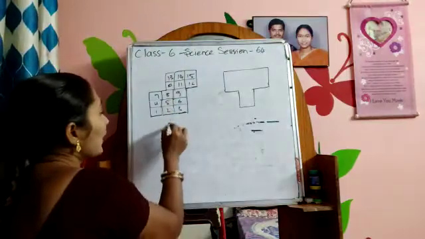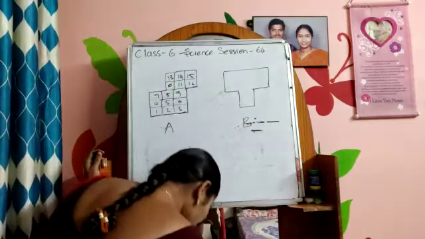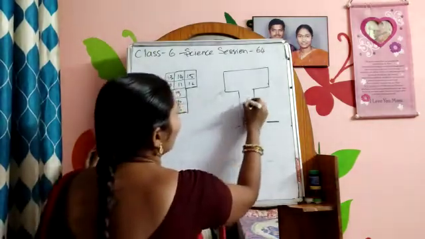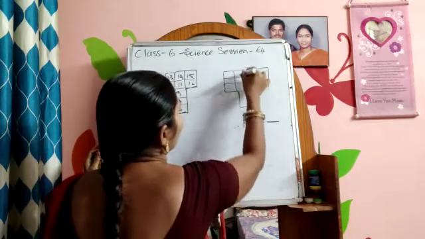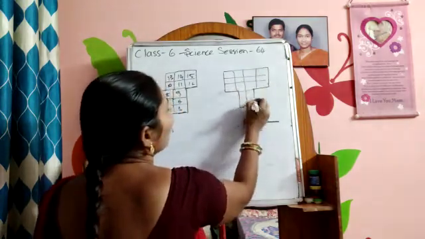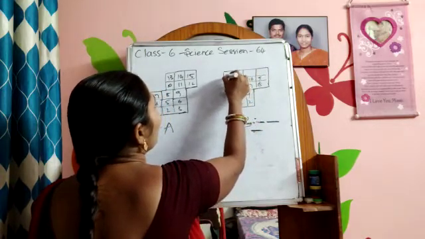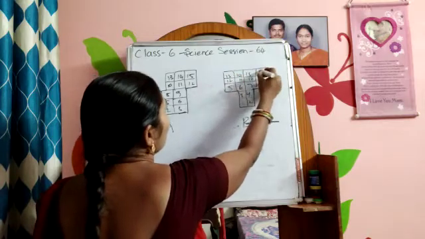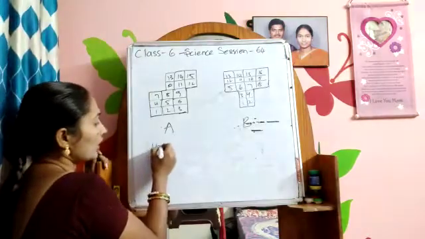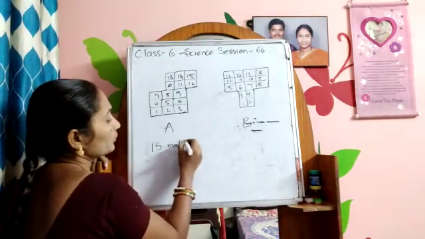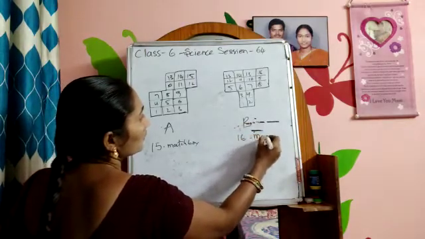This is sheet number A. Now coming to the B sheet. One, two, three. I have not drawn exactly. 1, 2, 3, 4, 5, 6, 7, 8, 9, 10, 11, 12, 13, 14, 15, 16. So on the A sheet I got 15 matchboxes. On the B sheet I got 16 matchboxes.